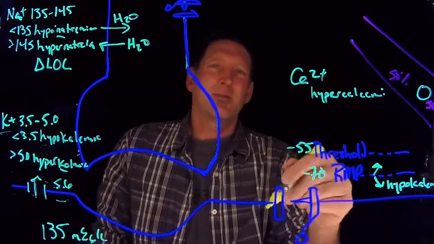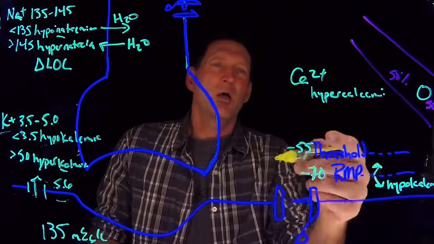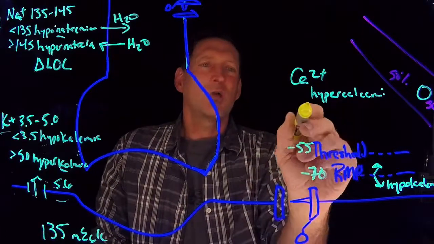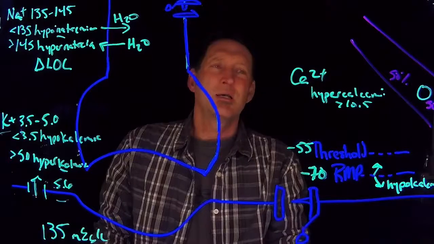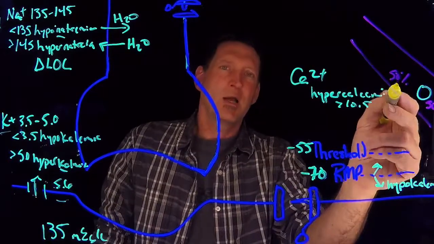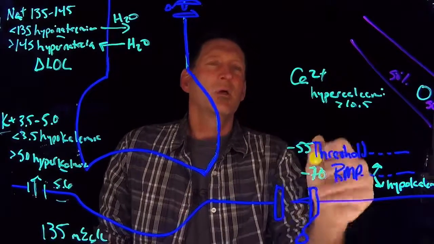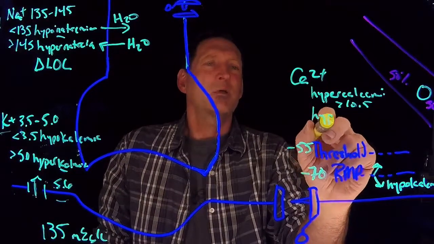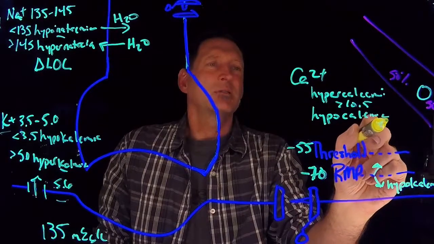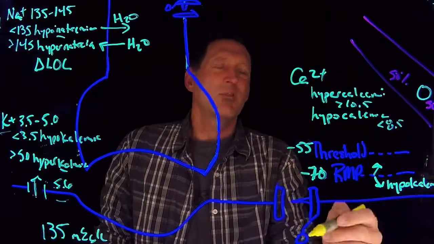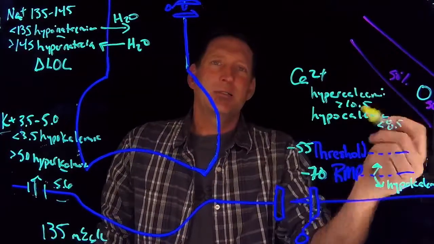But because they consider total calcium, usually with hypercalcemia you've gone greater than 10.5 milligrams per deciliter on both your ionized and your total calcium and albumin-bound. On the other hand, with hypocalcemia, I've dropped below 8.5. But it's only the ionized that can do the work.